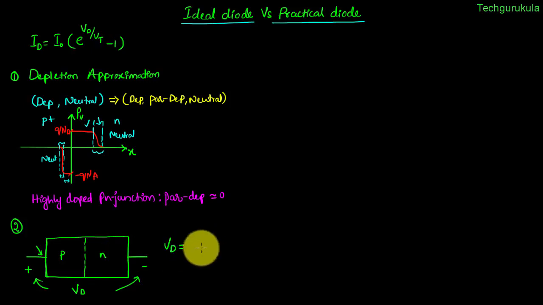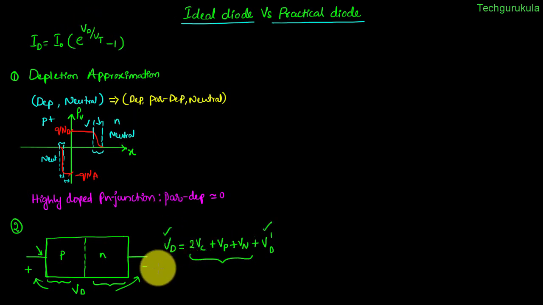So we have two contacts, so I'm taking 2 times the contact potential drop, plus there would be potential drop across P region, which I'm calling Vp, and some potential drop across the N region, Vn, plus the potential that gets dropped across the depletion region, Vd prime. Now in our ideal diode current equation derivation, we assumed that all these components are basically 0. So that Vd prime is Vd, and we can directly substitute that Vd here.